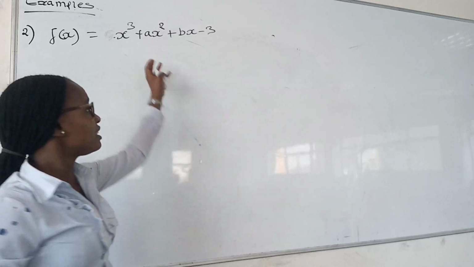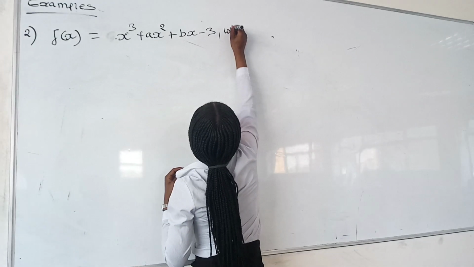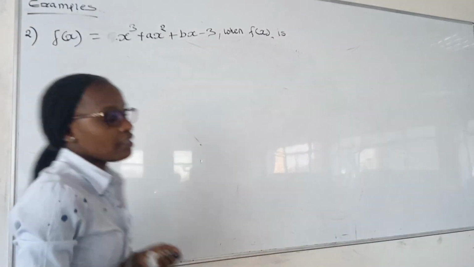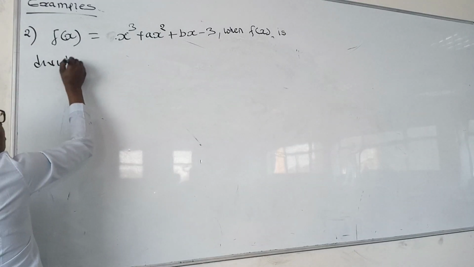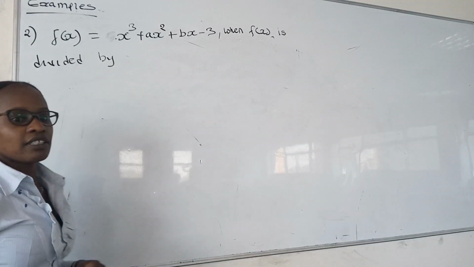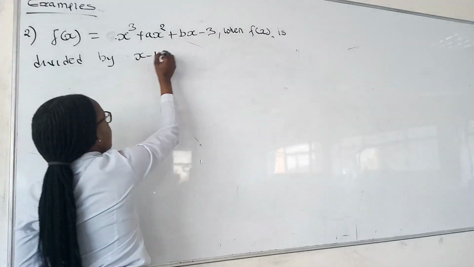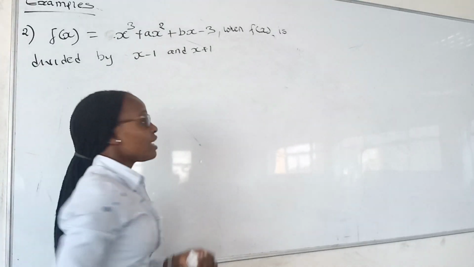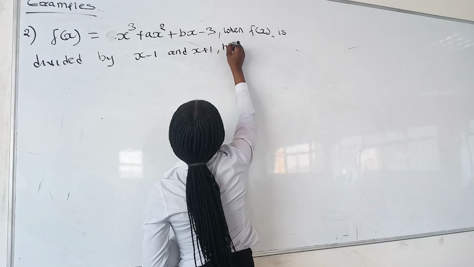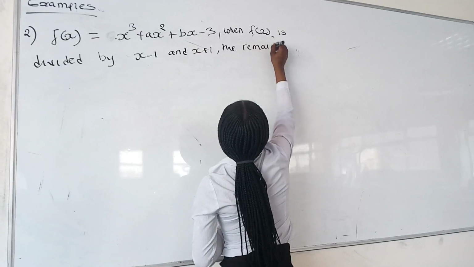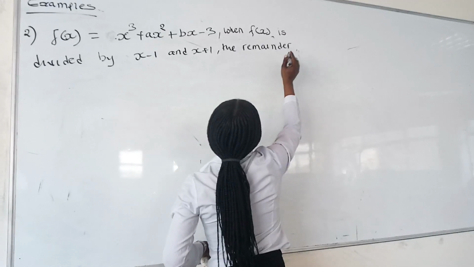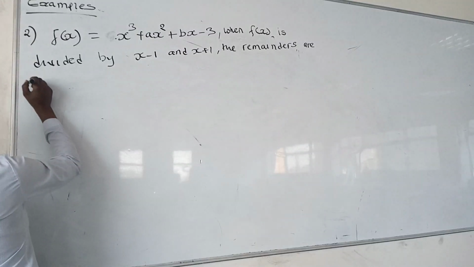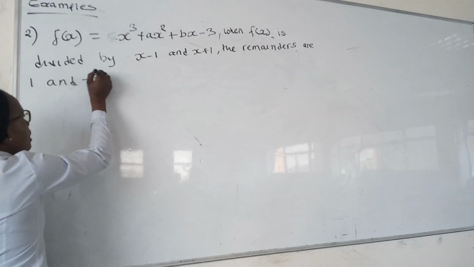Then we are told that when this f of x is divided by x minus 1 and x plus 1, the remainders are 1 and negative 9.